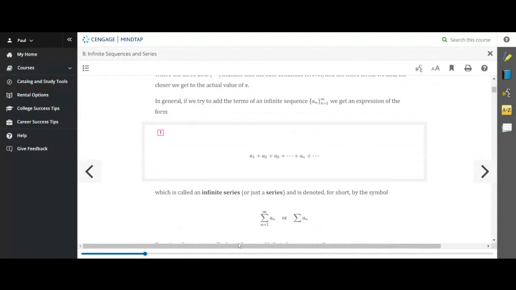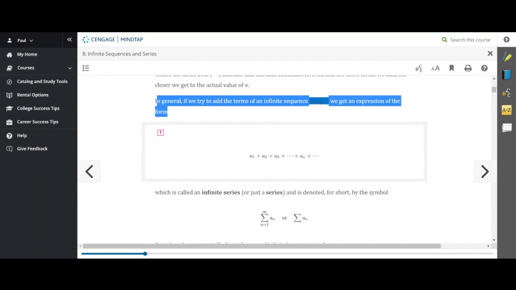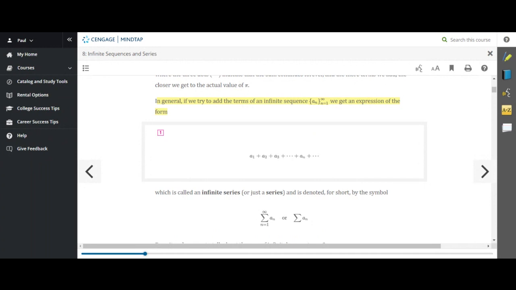So in this context, if you try to add the terms of an infinite sequence, you'll get a sum of that form, right?